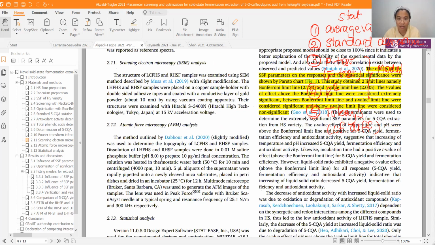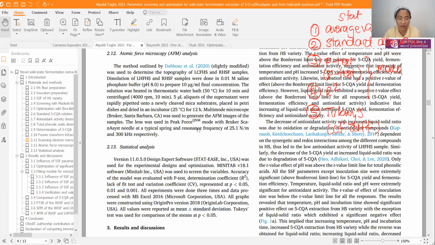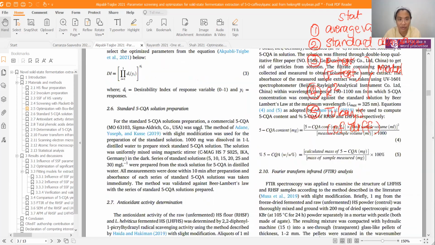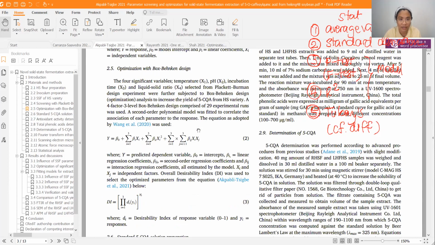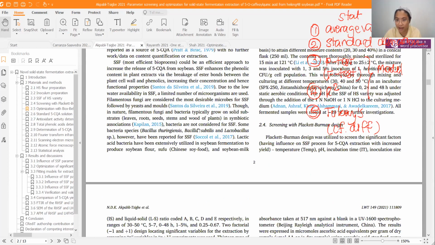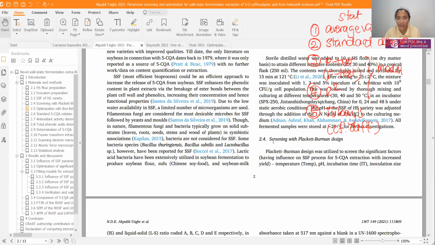Okay, we will come back to this highlight a little bit later. So in this study, they are trying to screen for the factors first, and they are doing screening with Plackett-Burman design.